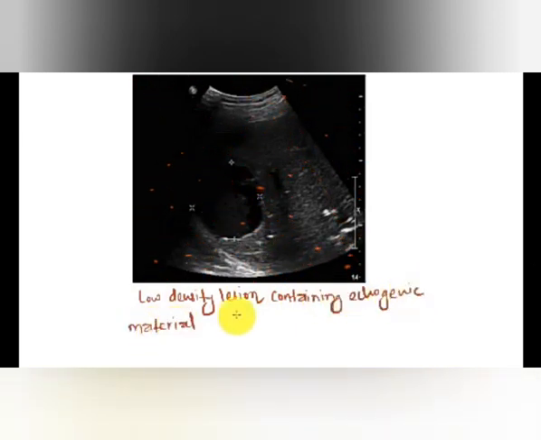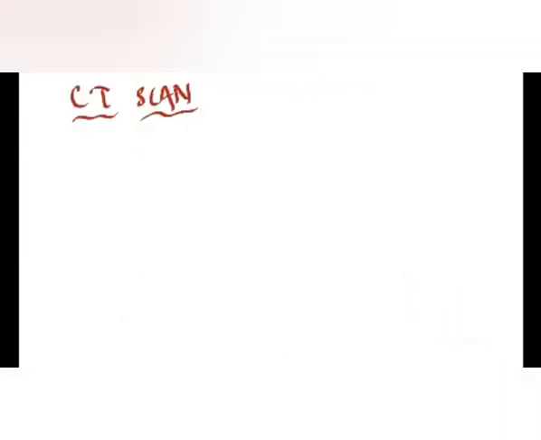Here you can see low density lesions containing echogenic material, which is pus and necrotic tissue. In CT scan, we have two main signs that we can identify in case of pyogenic liver abscess.